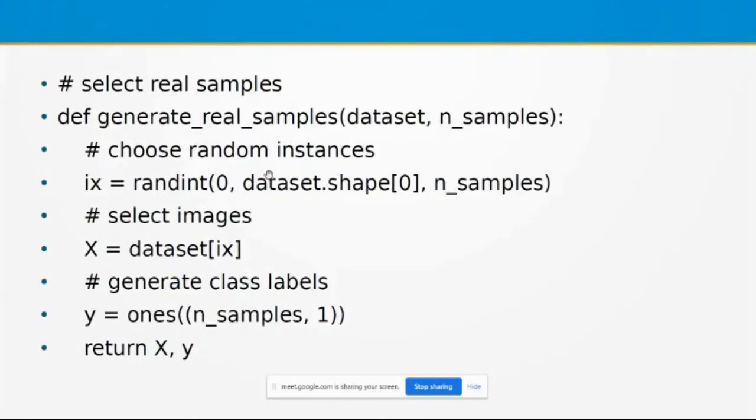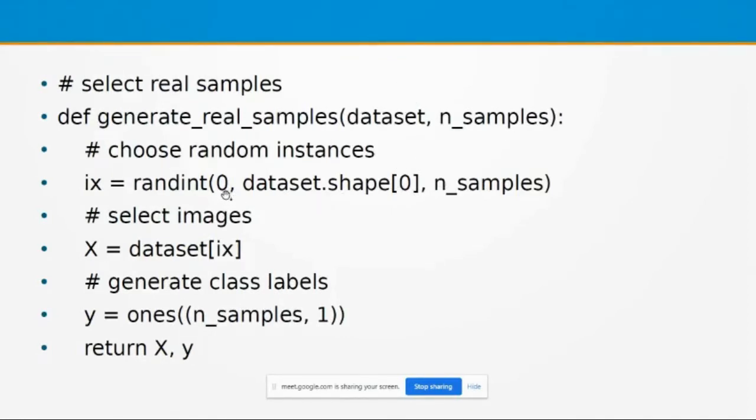And choose random instances: ix is equal to randint(0, dataset.shape[0], n_samples), and this generates a one-dimensional array. The content of that array ranges from 0 to dataset.shape[0], which means how many images there are in the dataset.